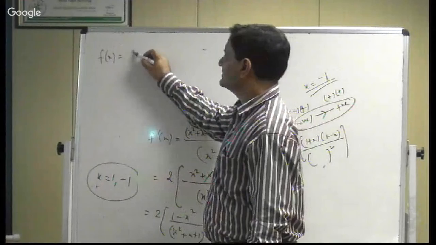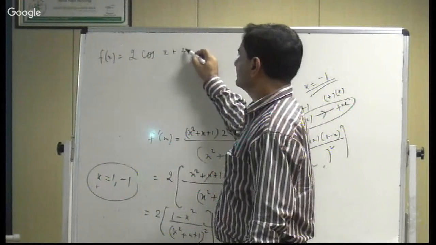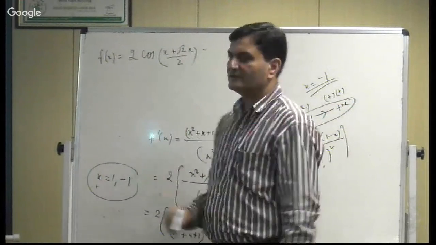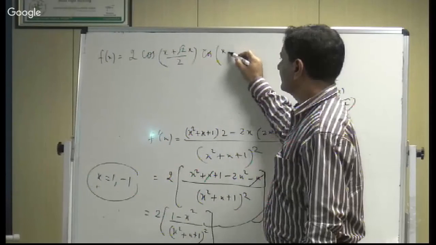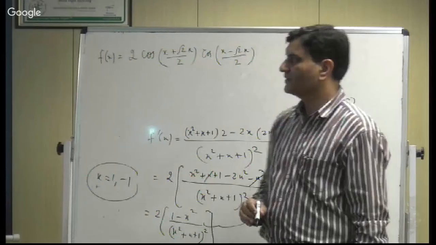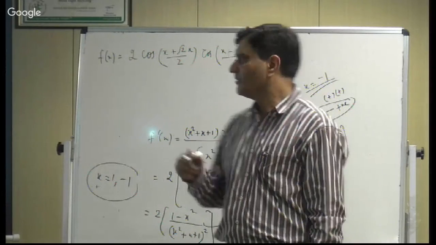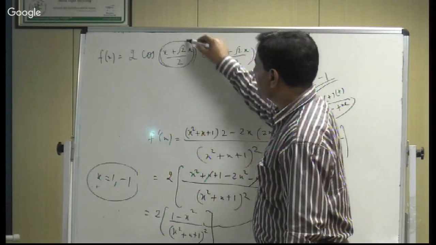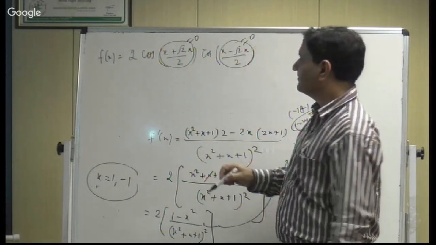Cos C plus cos D is twice cos (A plus B) by 2, right? Now, when will this take the maximum value? The maximum value of cos theta is 1. And when is the value 1? When this expression is 0, cos 0 is 1, right?